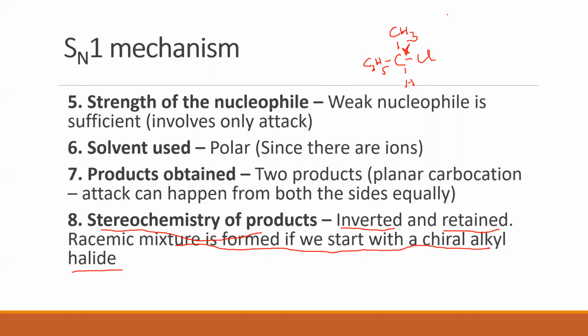Clear? Now if I place a mirror here, what do I get? Yes, of course I will get the mirror image. How will the mirror image look? Cl will be here, CH3 will be here, H will be here, and who will be on this side? C2H5.